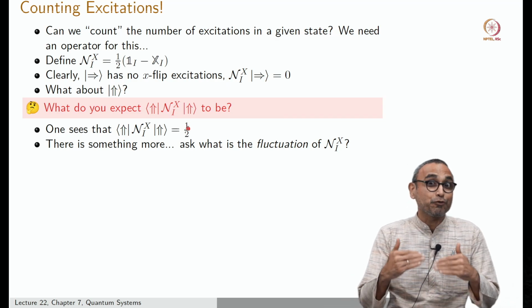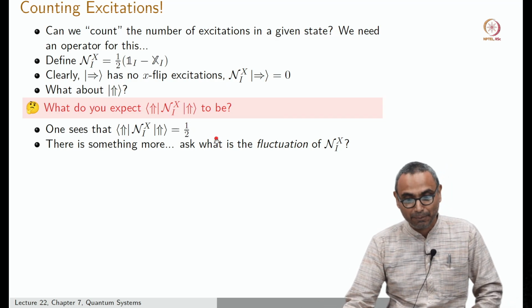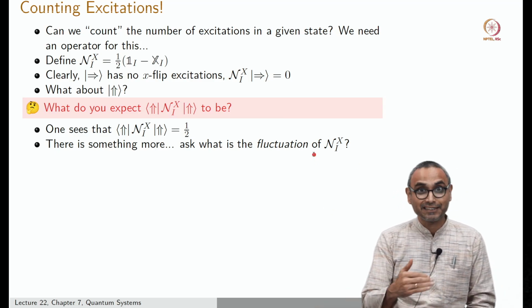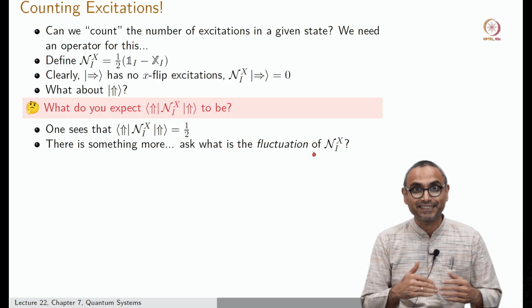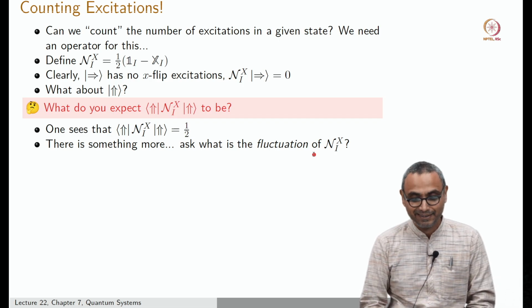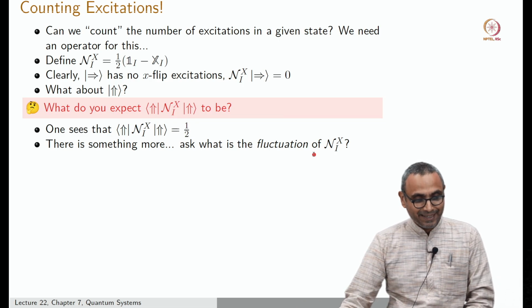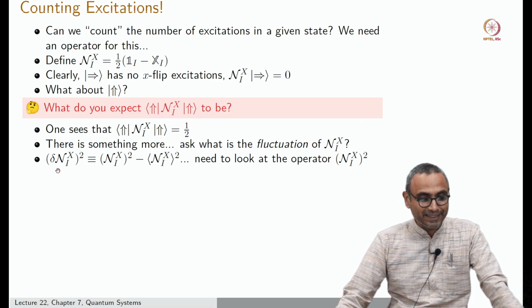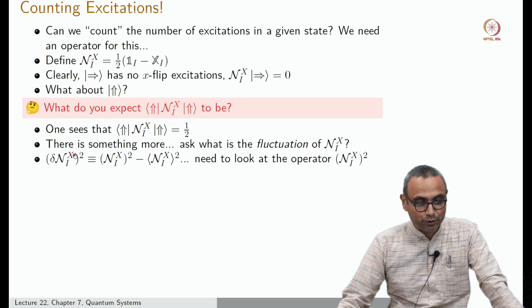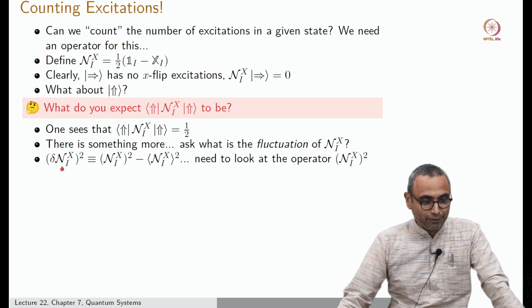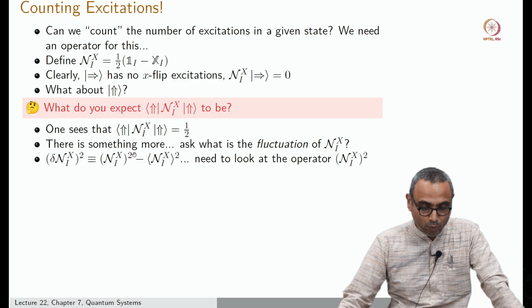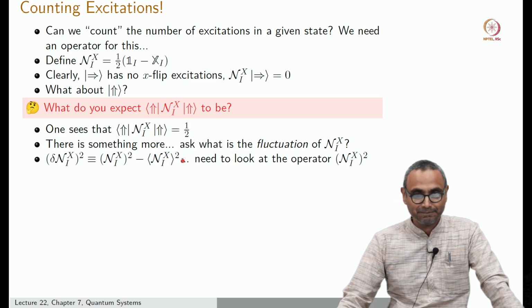But here is something that you need to ask. What about the fluctuation in the number of X particles at a given site? You can ask this question legitimately because you know the operators and you can actually compute the fluctuation. So what you have to do is first define an operator to count the fluctuation. Please recall from your quantum mechanics that the fluctuation squared operator is the operator squared minus the expectation value of the operator, squared.